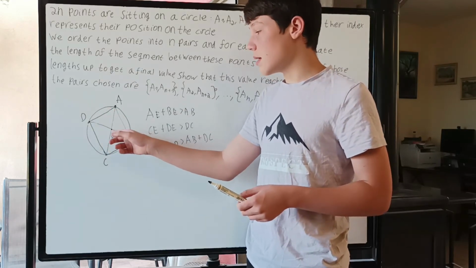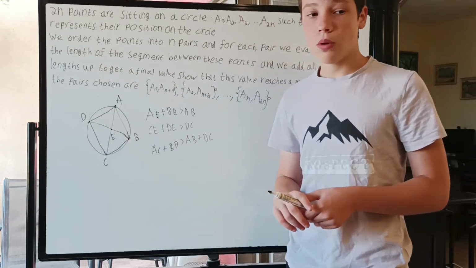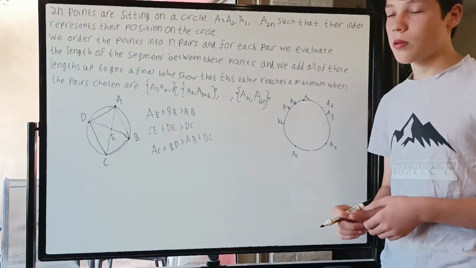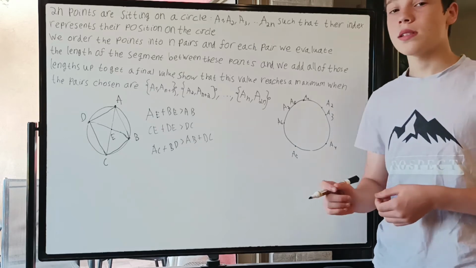That's what the diagonals mean. We want the segments to cross inside the circle.